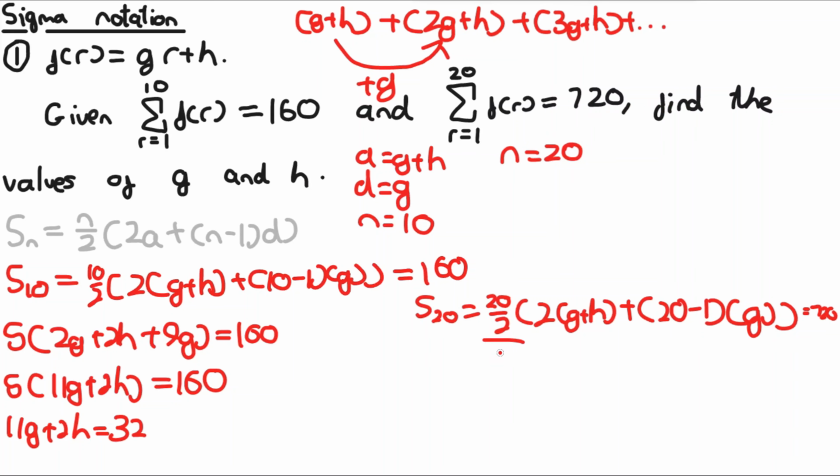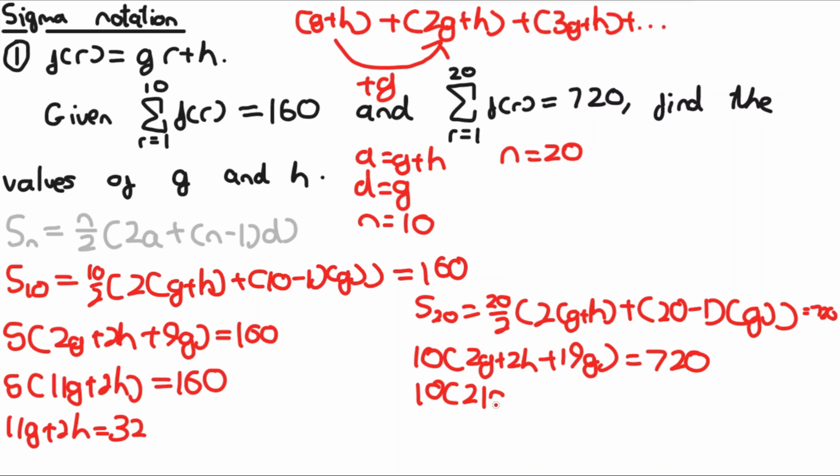What we can do is simplify this, so 20 over 2 is going to be 10, and this is going to be 2g plus 2h. If we expand the brackets, 20 minus 1 is 19, it's going to be 19g, and this is equal to 720. And then we can simplify this to 10 of (21g plus 2h), which is equal to 720. Divide both sides by 10 to get 21g plus 2h is equal to 72.